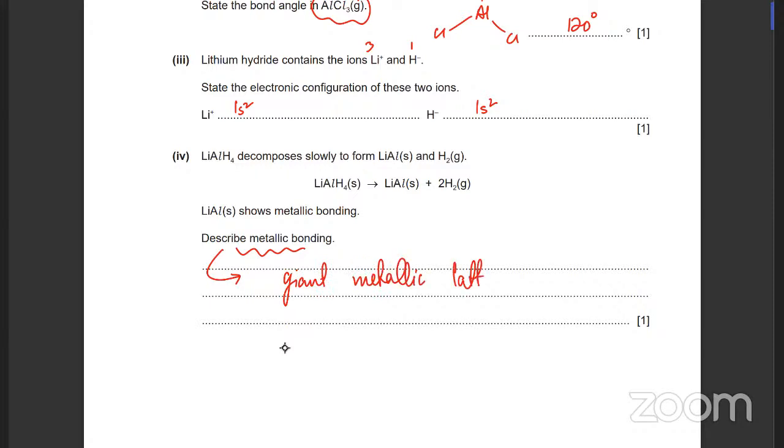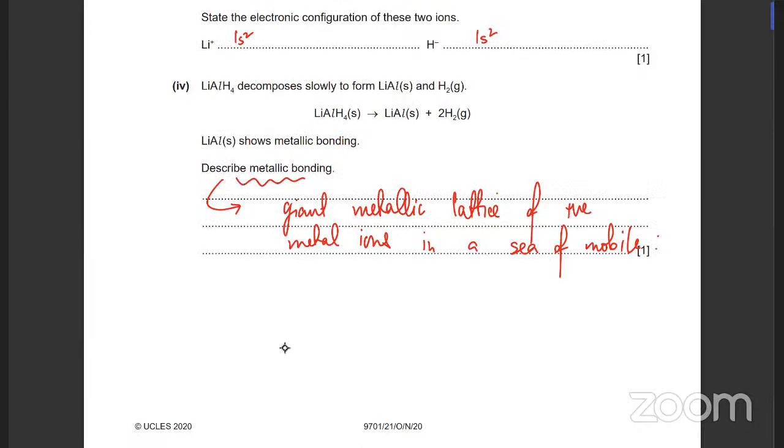Okay, so it's a lattice of positive metal ions in a sea of mobile electrons. You have to describe the whole scenario first, and then it comes that there's an electrostatic force of attraction between the positive metal ions and the sea of mobile electrons.